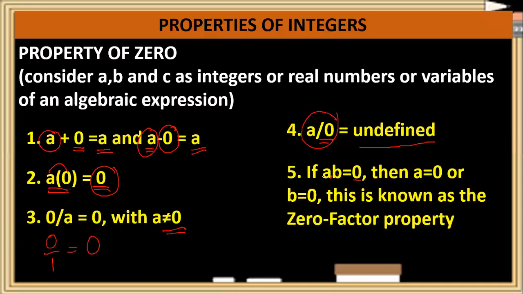Because one of these integers is 0. So it's either si A ang 0 or si B ang 0. This is known as the zero factor property. Any number that you multiply with 0 will always give you an answer of 0. Mabilis lang po yung mga properties natin of integers.